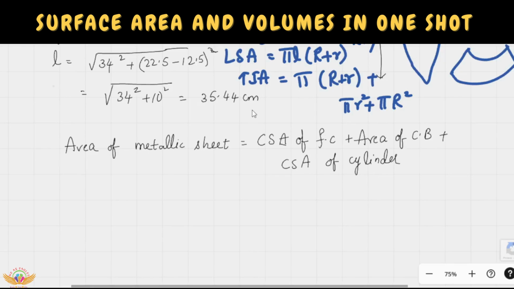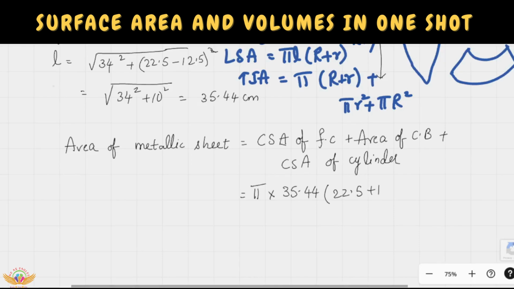Now let us find the solution by writing the formula. Curved surface area of the frustum of the cone is pi into 35.44 into (22.5 plus 12.5), which are capital R and small r. I'm directly substituting the values in the formula.